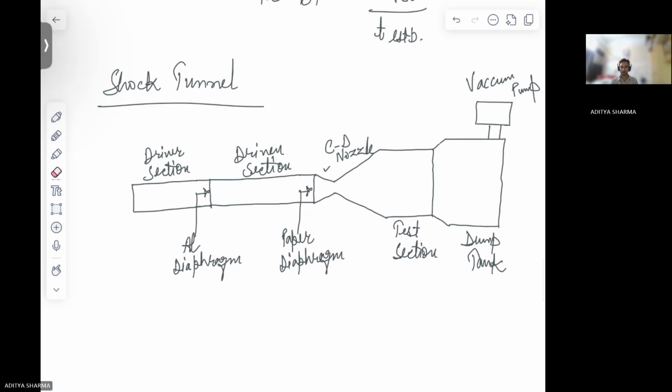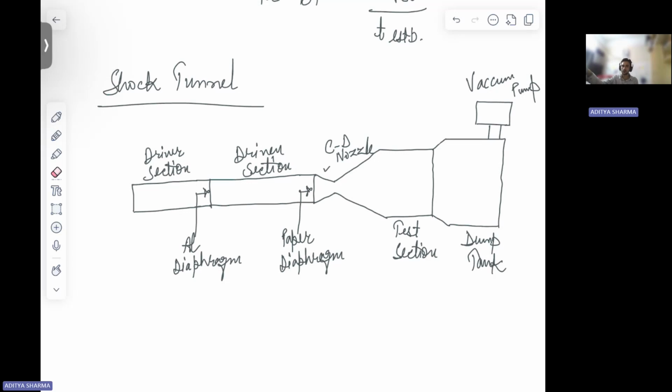Now we will pressurize this driver section with some gas. We keep on pressurizing, and eventually this aluminium diaphragm is going to burst. Okay. Then this is going to give a shock, and behind the shock you will have gas moving along with it, right? So your shock is moving in this direction, and the gas is also there. This shock is going to strike your paper diaphragm and burst it, right?